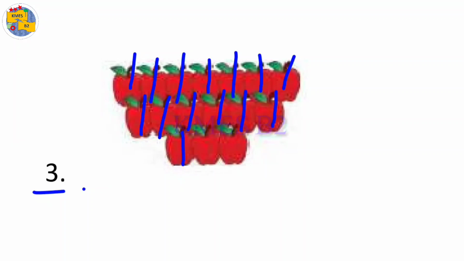Question number 3. 1, 2, 3 up to 16. 16 apples. So we will write here 16.